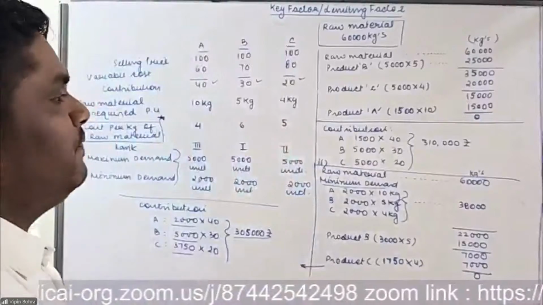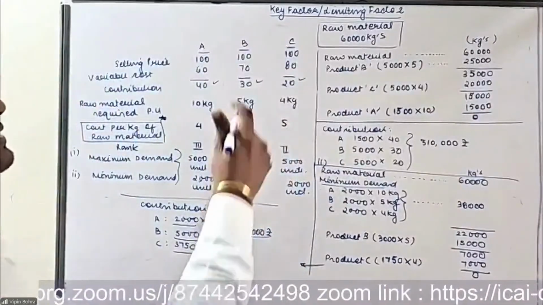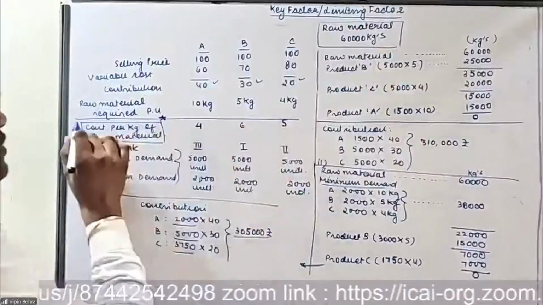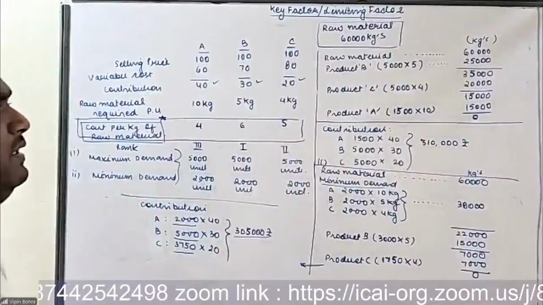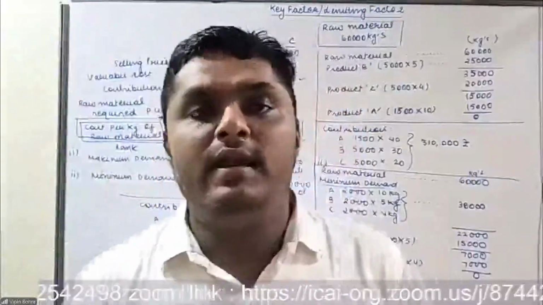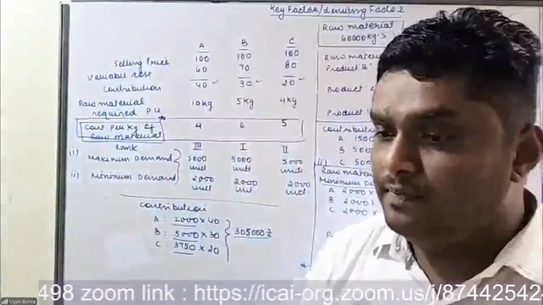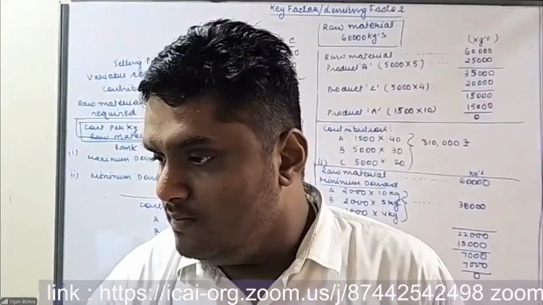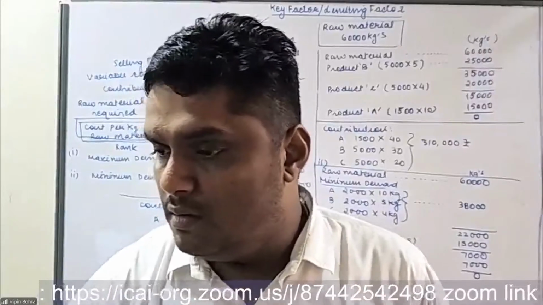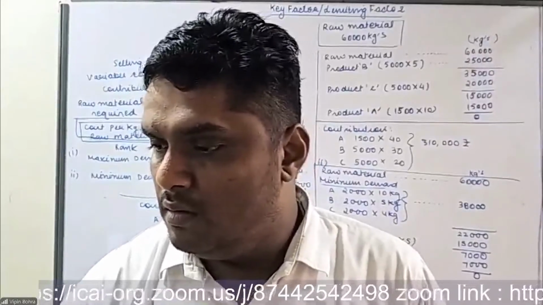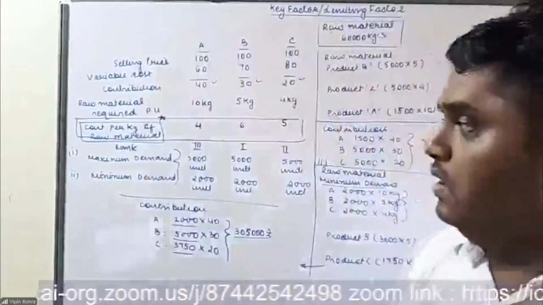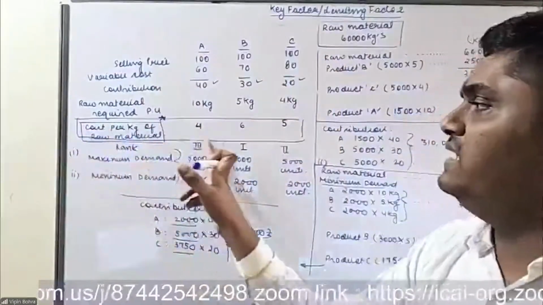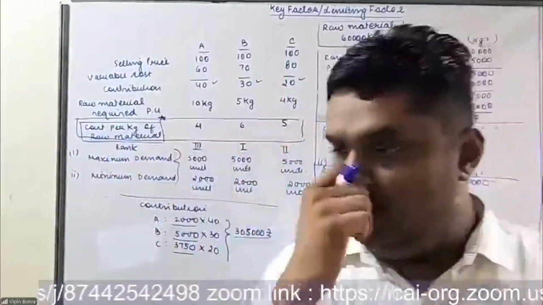So herein, the very important point is that since my raw material was the key factor or limiting factor, my entire decision was based on contribution per kg of raw material.